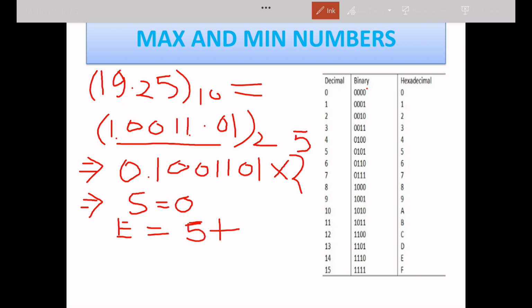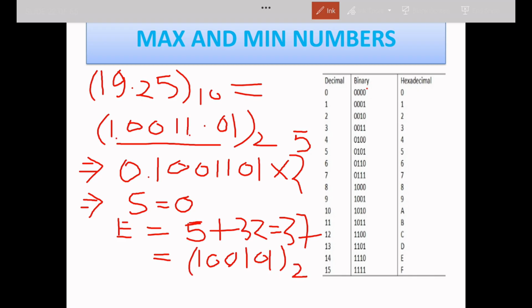Already we discussed that the bias is equal to 32. So 32 plus 5 is equal to 37. Now this 37 you convert to the binary form. If you convert it, you will get 1 0 1 0 0 1 0 0 1 0 1. Okay, this is your exponent.